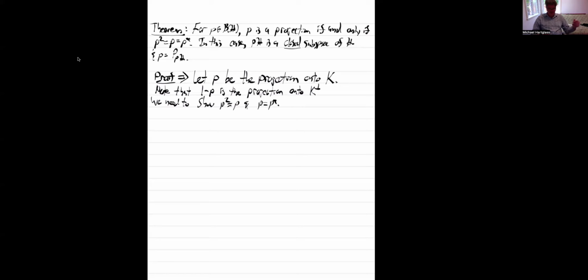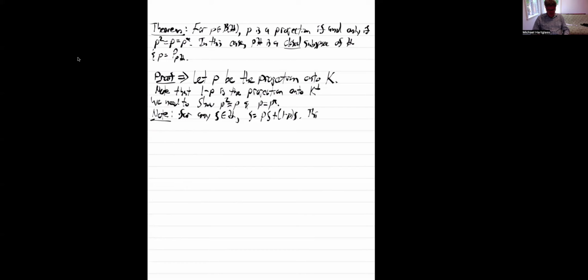So to show P squared is P, well, let's note that for any C in H, C we can rewrite as P C, that's projection of C onto K, plus 1 minus P of C. So that's going to be the projection of C onto the orthogonal complement.